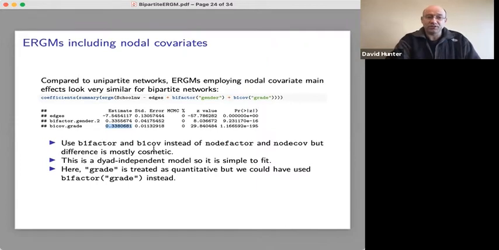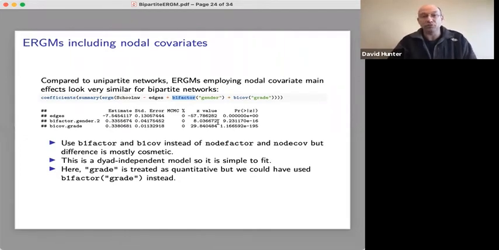One other small note here that's cosmetic is that instead of using nodefactor, which we would normally use in a single mode network, we're using b1factor. In fact, there's nothing wrong with using nodefactor. However, in our example, our vertex attributes sometimes have missing data. And that's not because the data aren't cleaned. It's because when we're talking about students versus clubs, some of the attributes have no meaning in one or the other.